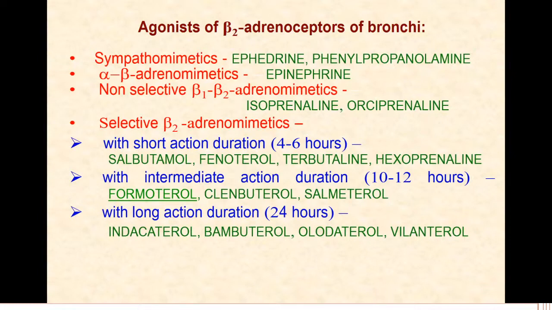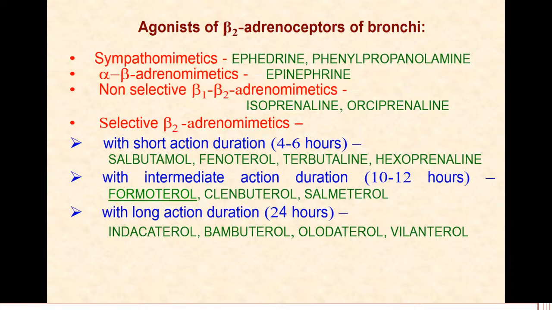So, nowadays, to treat bronchial asthma, more often we use this group of drugs, agonists of beta-2 adrenoceptors of bronchi. Which drugs exactly? To stop an attack, we use short-acting agents or formoterol.